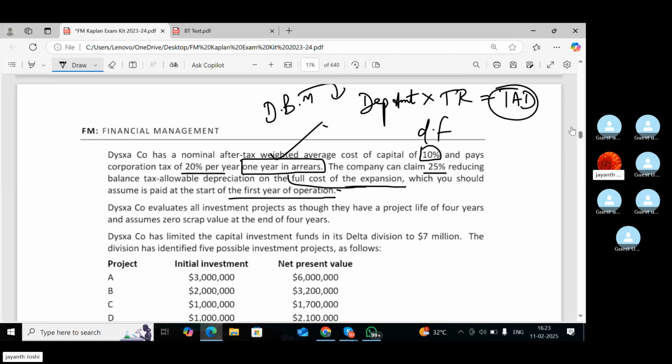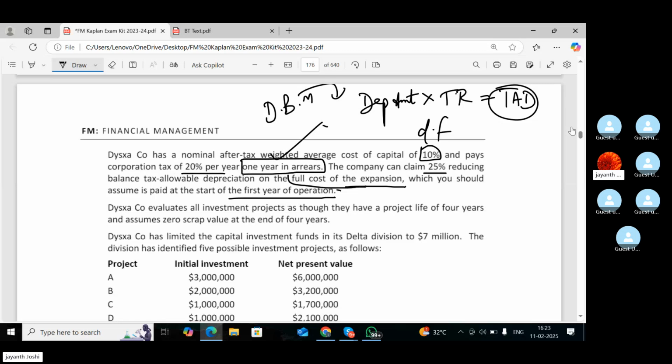Now, coming to the next information they have given, Dysxa company has limited the capital investment funds in Delta division to 7 million. That means whatever investment they are going to do in one of their divisions.